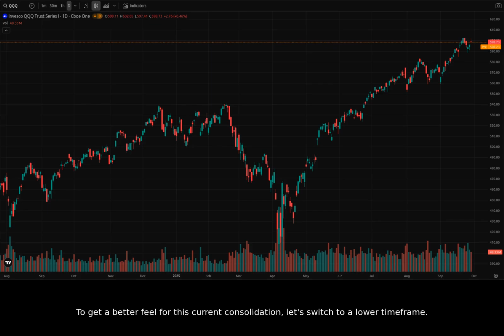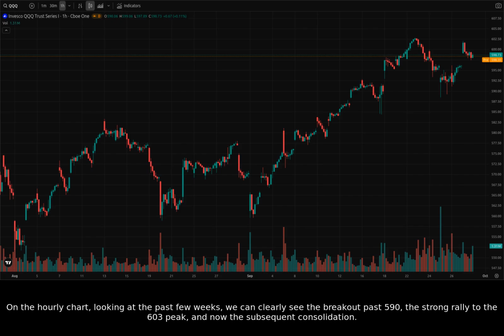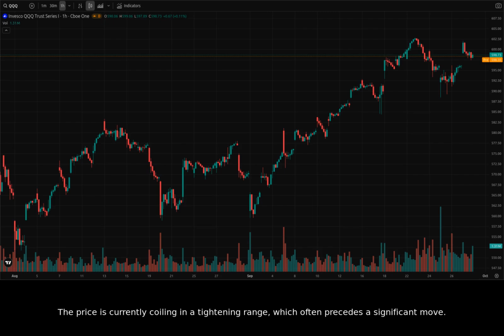To get a better feel for this current consolidation, let's switch to a lower time frame. On the hourly chart, looking at the past few weeks, we can clearly see the breakout past 590, the strong rally to the 603 peak, and now the subsequent consolidation. The price is currently coiling in a tightening range, which often precedes a significant move.